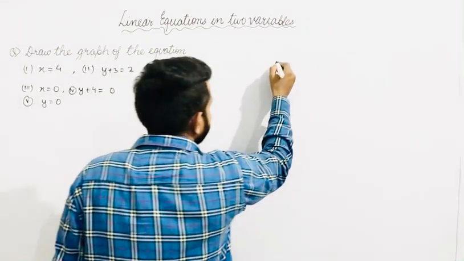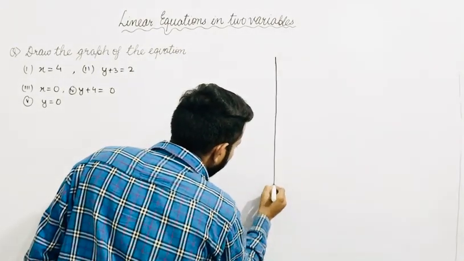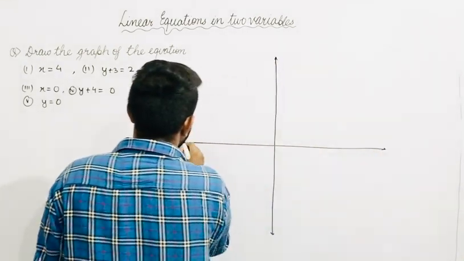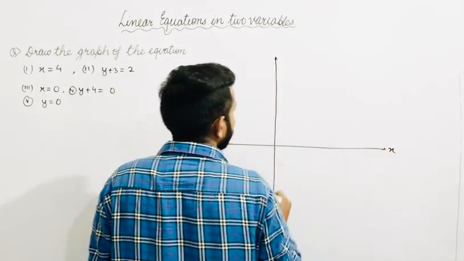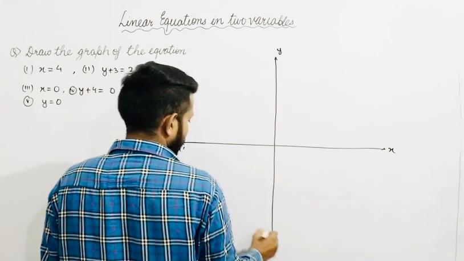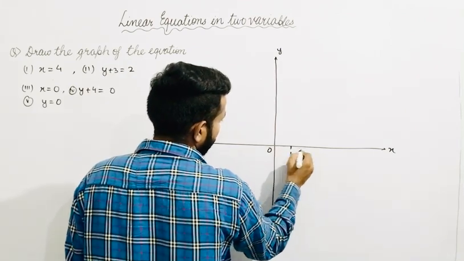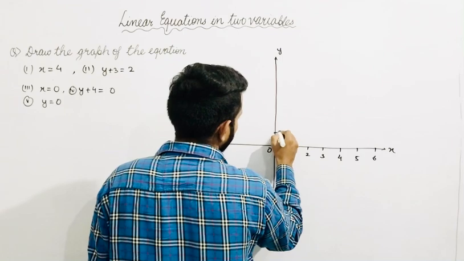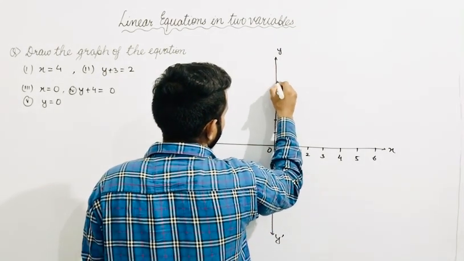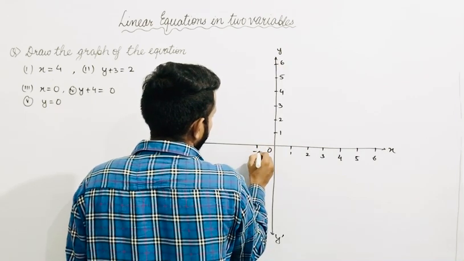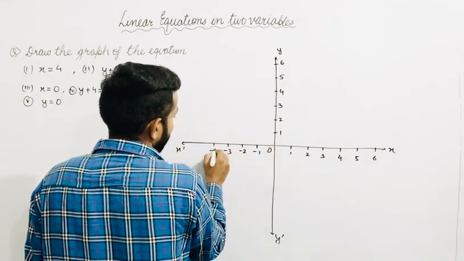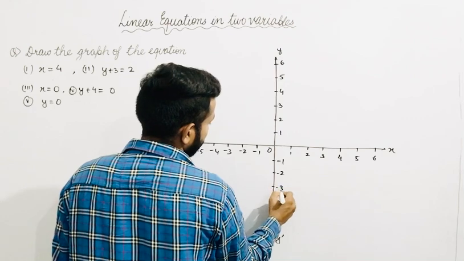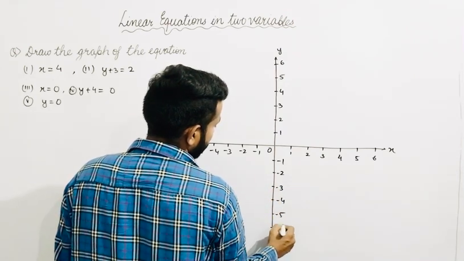Now let us see here. When you look here carefully, this is x, y, x dash, y dash, 0, 1, 2, 3, 4, 5, 6, and minus 1, minus 2, minus 3, minus 4, minus 5, minus 6 on the other sides.